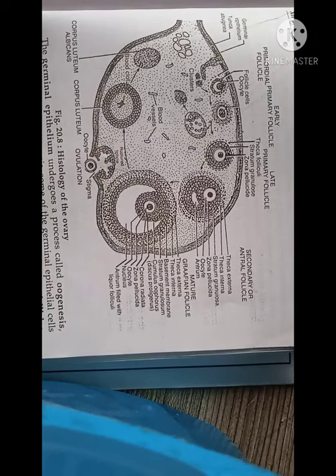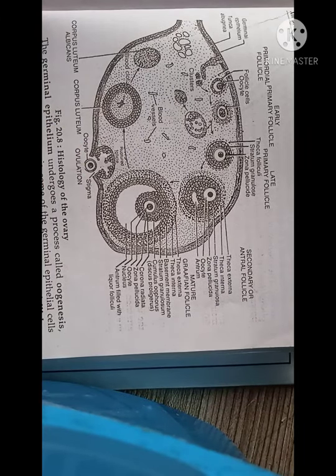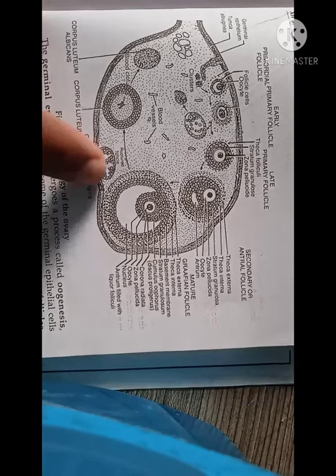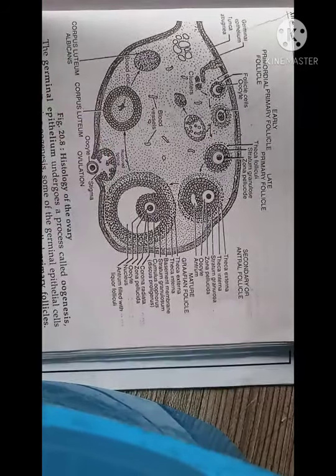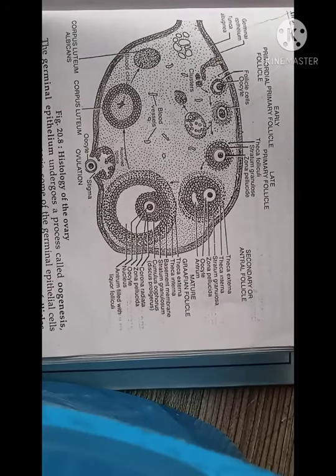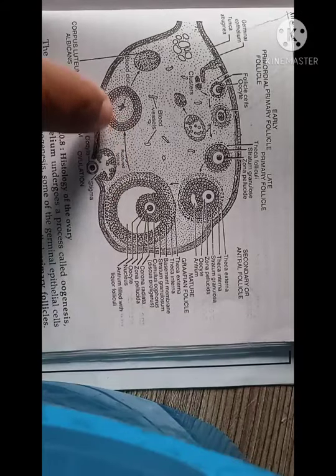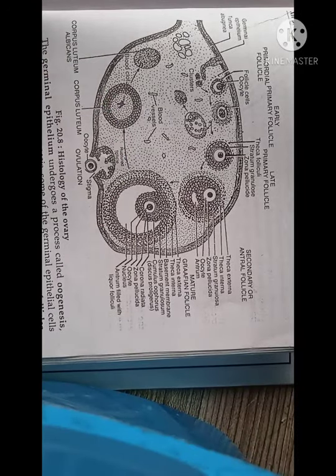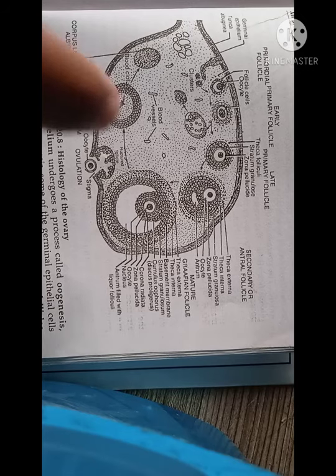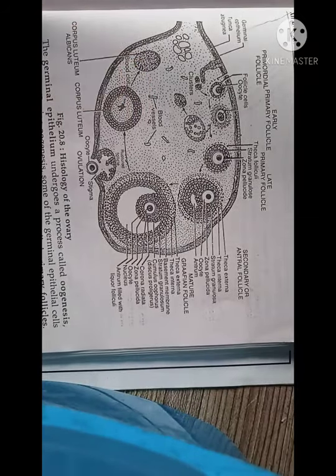At the middle stage of the menstrual cycle, ovulation takes place on the 14th day, and the ovum is released from the mature follicle. This is called ovulation. After ovulation, the remaining follicular cells are transformed into a yellow body called the corpus luteum. This one is the corpus luteum.